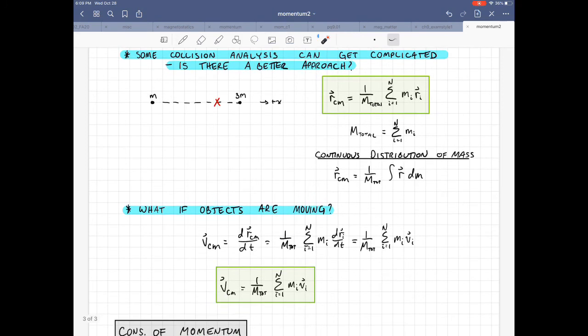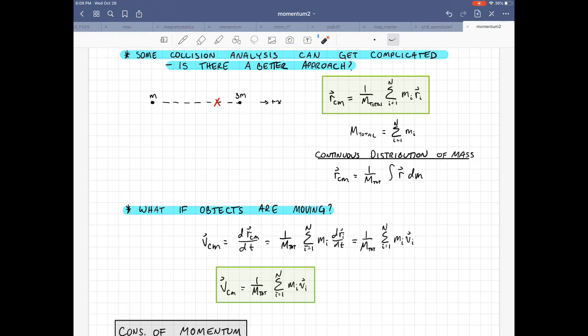So this is great, but we care about collisions. What if our objects are moving? Well, then you can define the velocity of the center of mass just by taking the time derivative of the position function. And so take the time derivative of this up here. That's just, well, if our mass isn't changing, then there's no need to take the time derivative with respect to the mass, and it's just the time derivative of the position vector for each individual object.